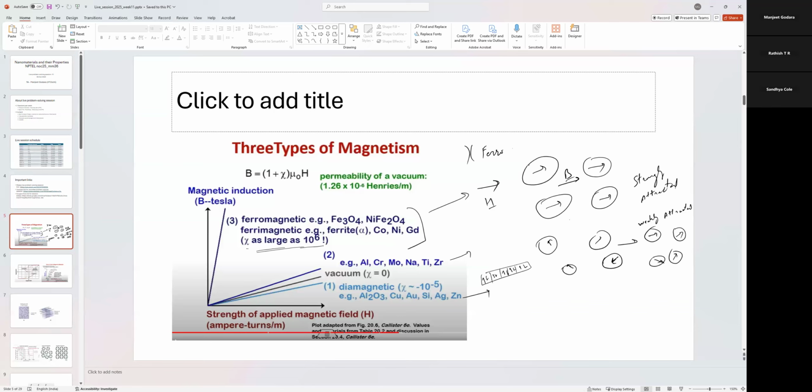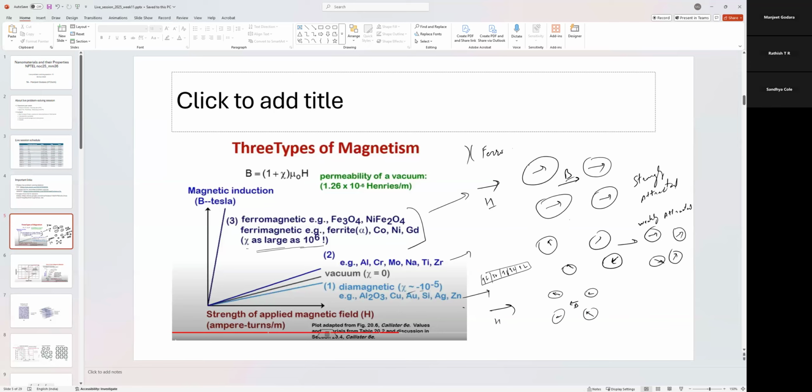What happens is, when you apply a magnetic field, they align themselves opposing the applied field. So there will be a small magnetic field induced in the reverse direction.